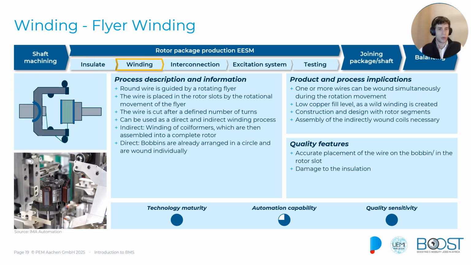Next step is to wind coils onto the rotor by using different methods. One would be the flyer winding. This process involves using a machine called a flyer winder, which consists of a rotating arm, or flyer, that guides the wire onto the rotor, like you can see in the picture.